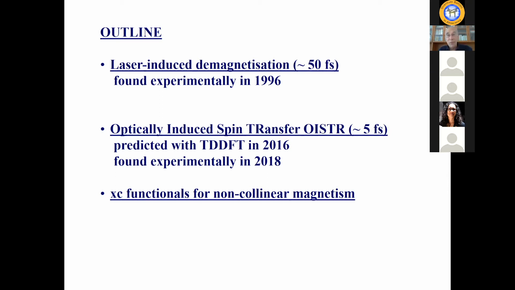Then a very different topic is a process that we termed Oyster, the optically induced spin transfer. It works on a much faster time scale. Laser-induced demagnetization works on a time scale of 50 femtoseconds. This process, Oyster, works an order of magnitude faster.